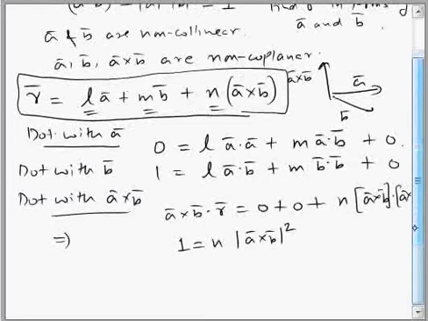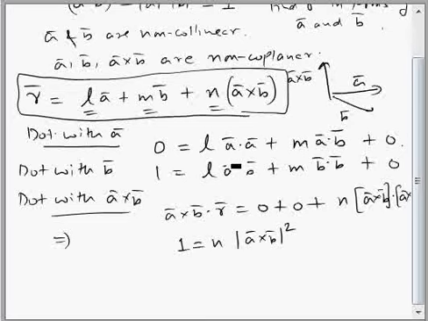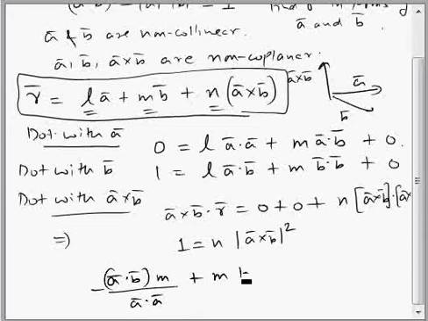Right, now let's solve these two. We can replace the value of L here. Shifting L to this side, L is minus a dot b into M divided by a dot a plus M times b dot b equal to 1.